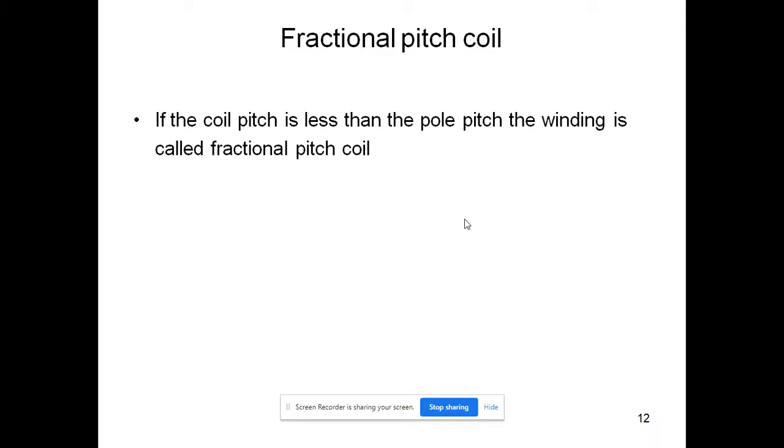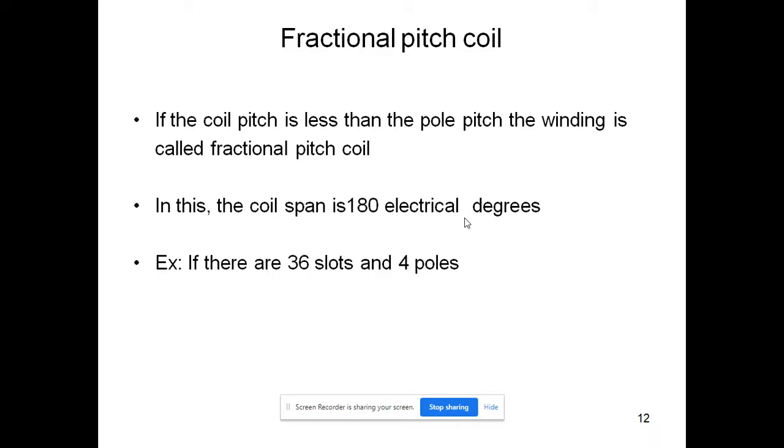A coil is said to be fractional pitch when the coil pitch is less than the pole pitch. In this, the coil span must be 180 electrical degrees. Let us see an example.